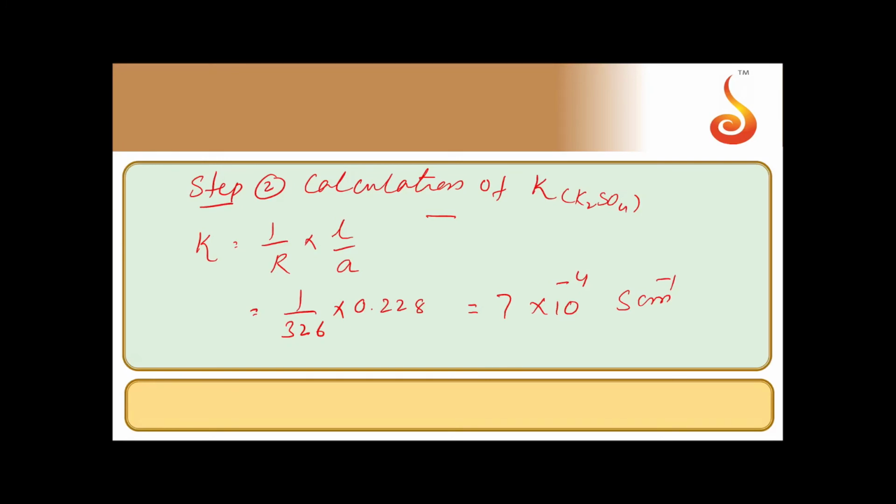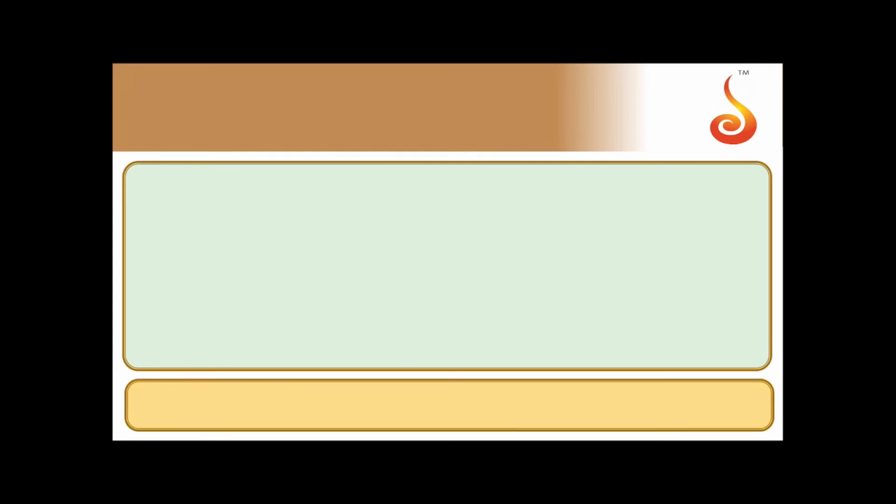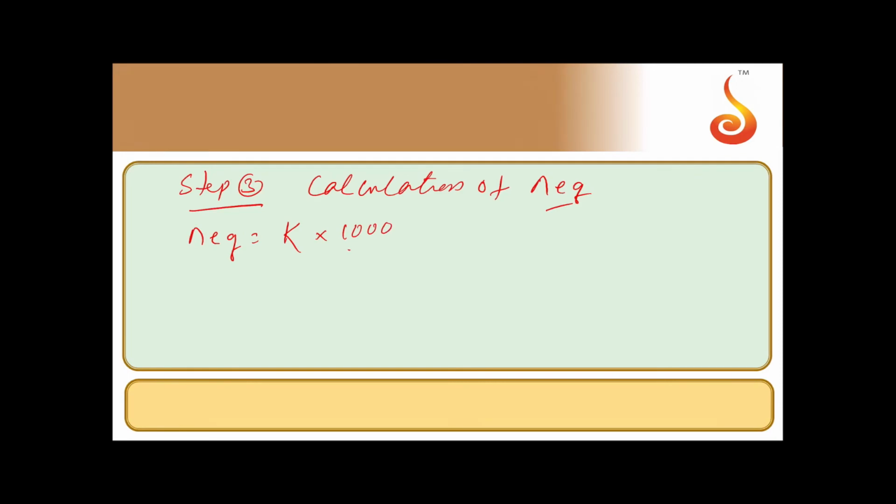Then comes finally the value of equivalent conductance. Step 3: calculation of equivalent conductance. Equivalent conductance is equal to kappa into 1000 by normality. Kappa, which you just found out, is 7 into 10 to the power of minus 4, into 1000.